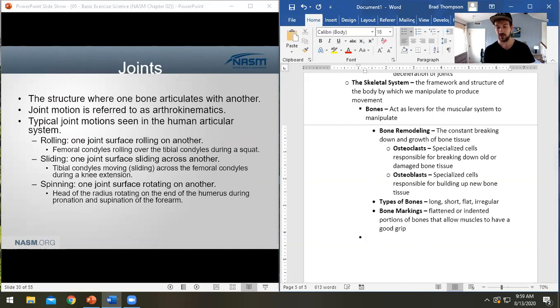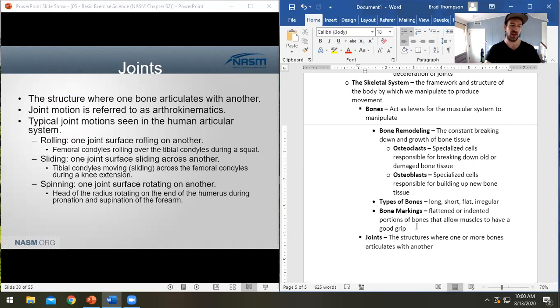Now, the next section we have to talk about is your joints. Joints are the structures where one or more bones articulate with another. So joints are where two bones come together, basically.